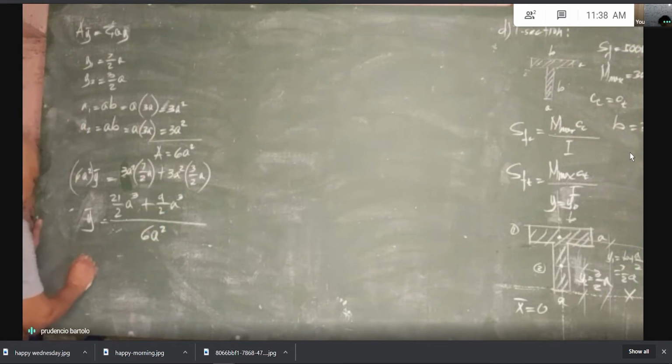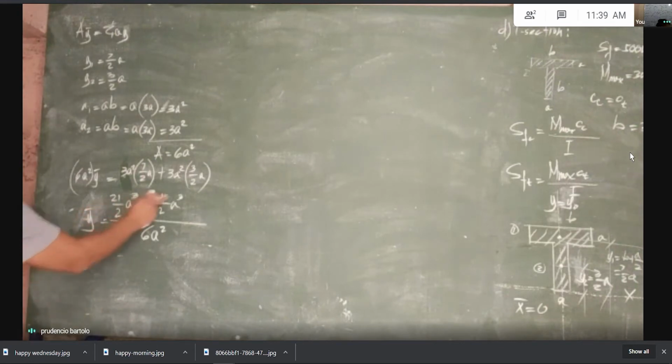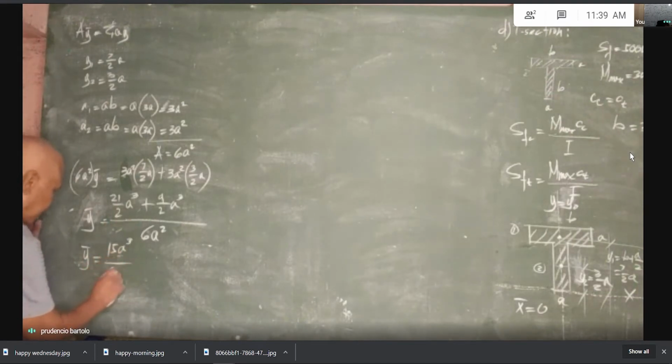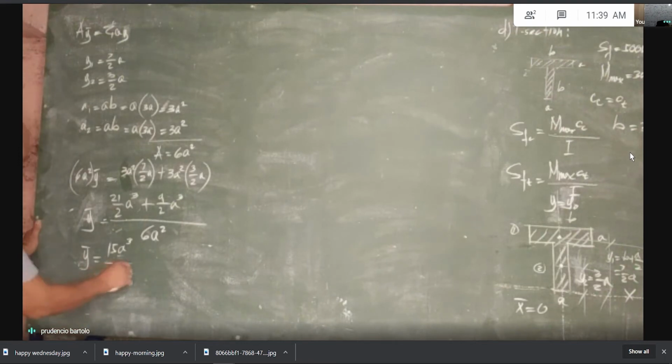So we will have here y bar is equal to 30 over 2, or 15a cube over 6a squared. A squared cancelled out by a cube in there.